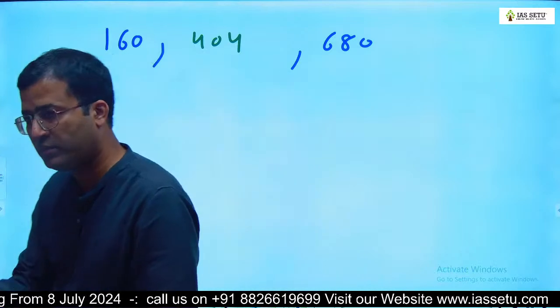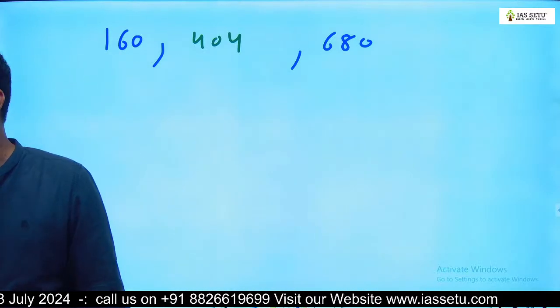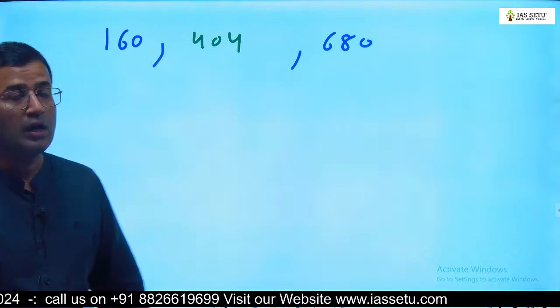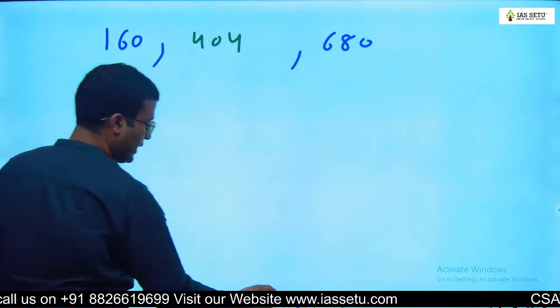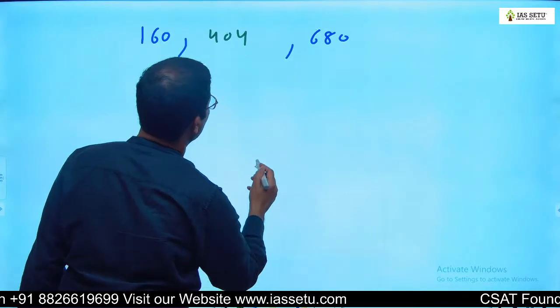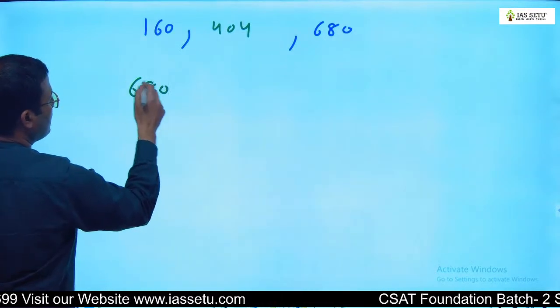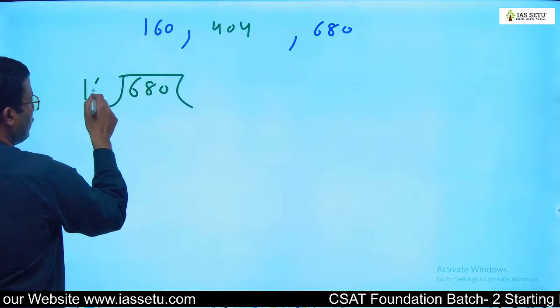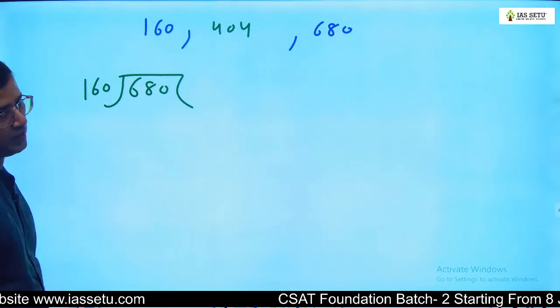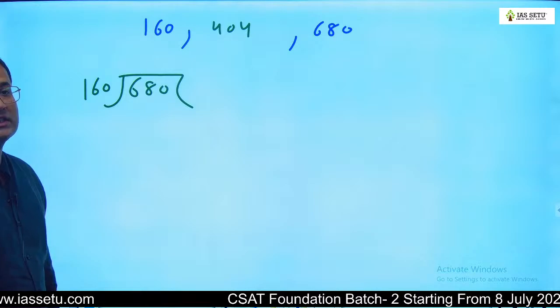First select any two numbers. So you follow the process we have. Like here, I take the largest and the smallest, 608 and 106, and I follow this. What is 160?